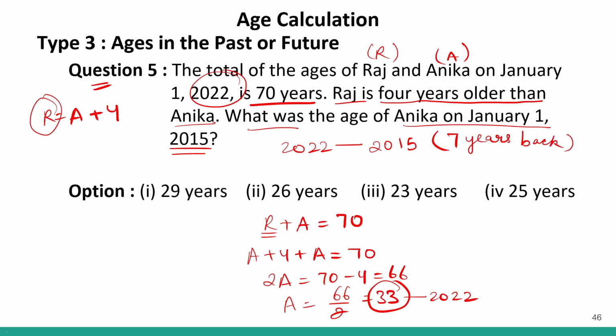So from 33, I have to subtract 5. So this will be 28. So Anika's age in the year 2015 was 28, which is given in option number 2. So option number 2 will be your correct answer.